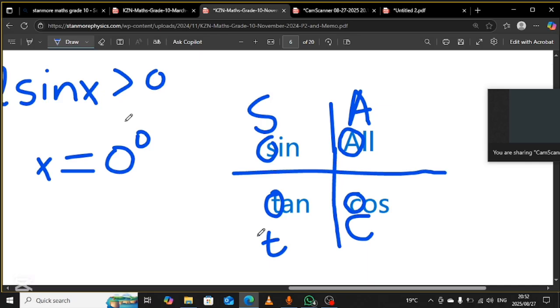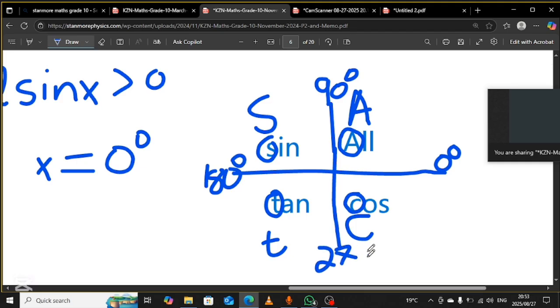Remember, we already know that we measure angles anticlockwise. So this is 0 degrees, here is 90 degrees, here is 180 degrees, here is 270 degrees, and here it is 360 degrees.